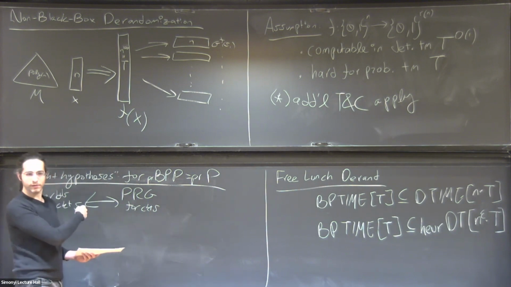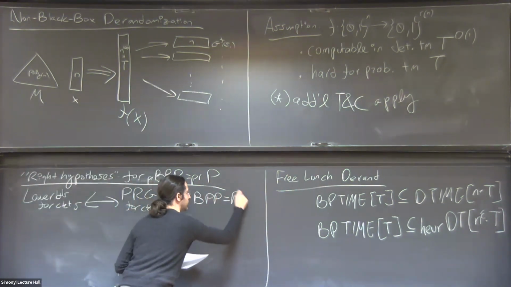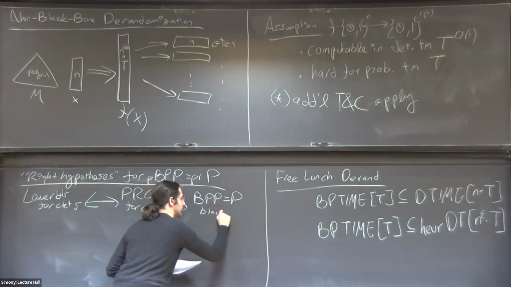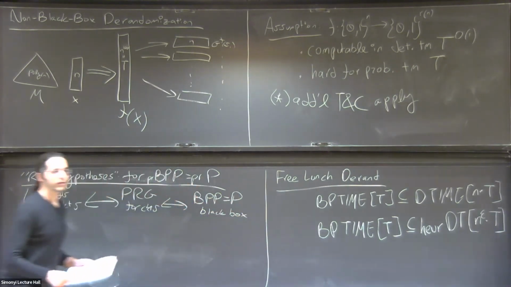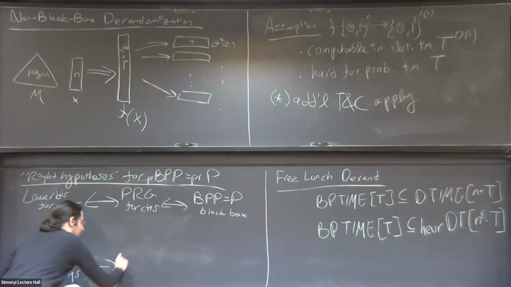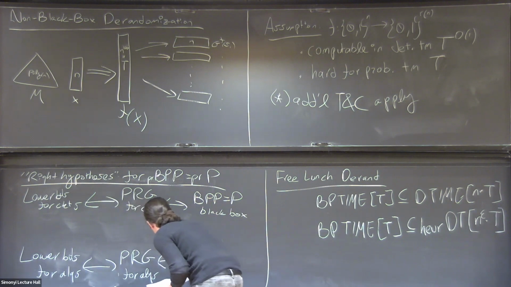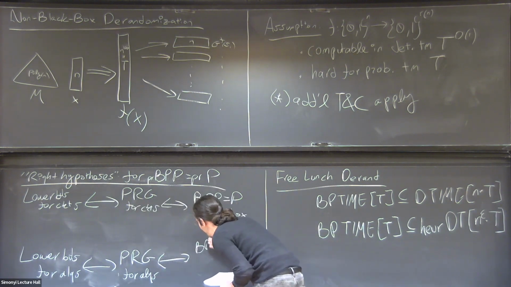We just saw this. And this gives us derandomization in a black-box way. And if you recall, we also mentioned in the first talk that if we have lower bounds for algorithms, not circuits, but just Turing machines, then we have a PRG for algorithms, which gives us derandomization on average.